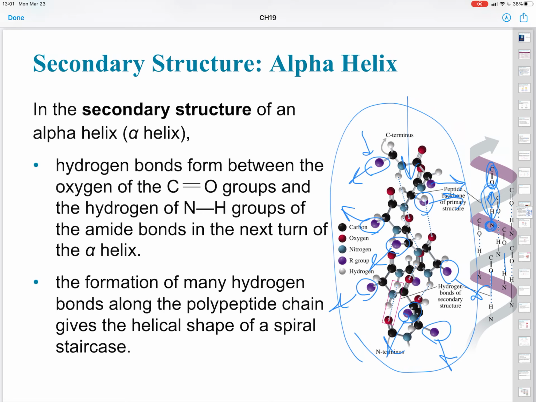It gives it a kind of winding staircase look. It's called an alpha helix because of the way that it rotates. If you close your right hand with your thumb up, your fingers are curling around in the same direction that this helix is turning. So it's alpha in that sense. Now we do see beta helixes in nature, but they're not as common. This is the more common one.